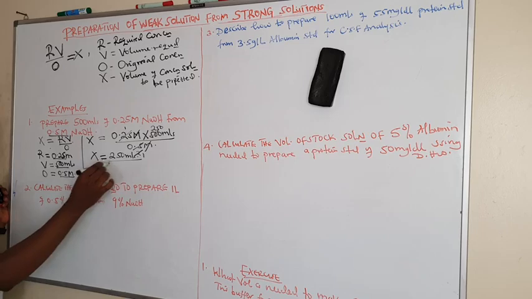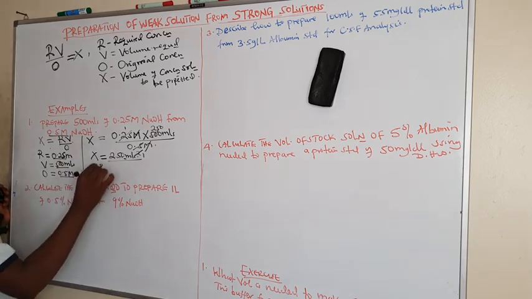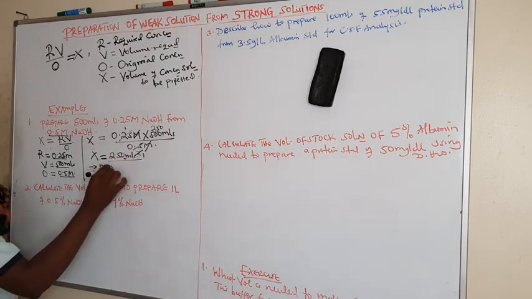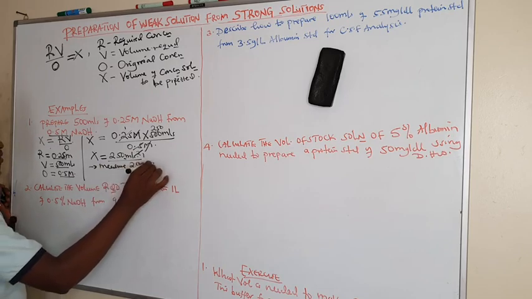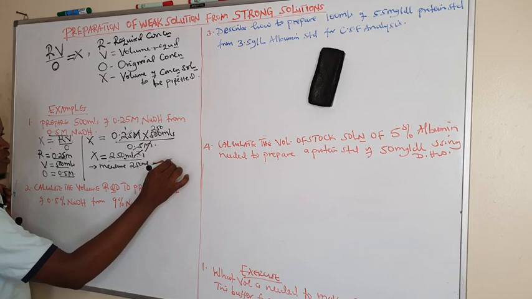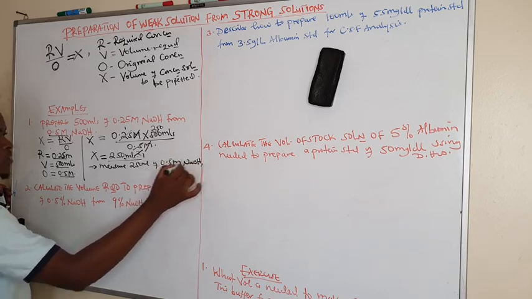So we are going to obtain our measuring cylinder, and we measure 250 ml of 0.5 molar sodium hydroxide. We would pipette 250 ml, but since this is a big volume, we measure it instead. We measure 250 ml of the 0.5 molar original sodium hydroxide.